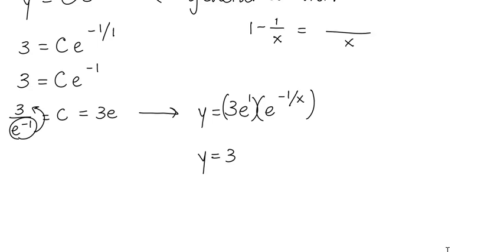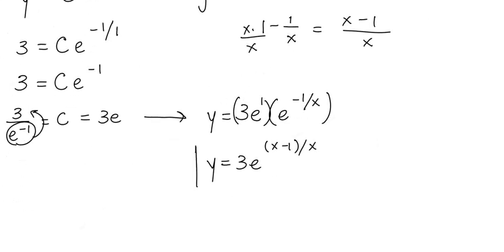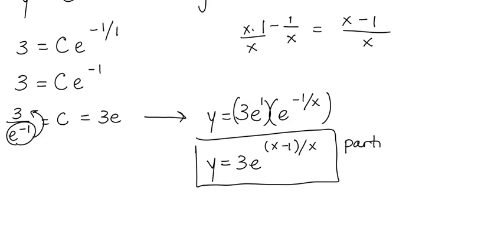Common denominator would be x, and I would have x minus 1 in the numerator, because the 1 got multiplied by x over x. So we have that y is equal to 3e with the exponent being (x minus 1) divided by x. And this is our particular solution.